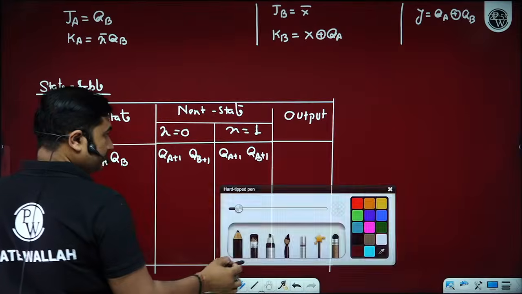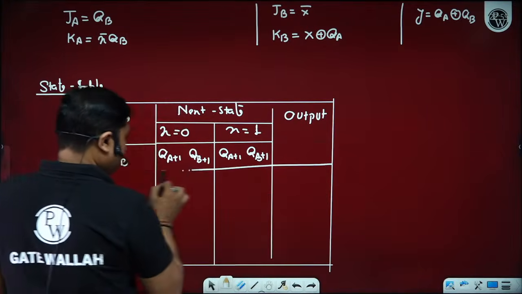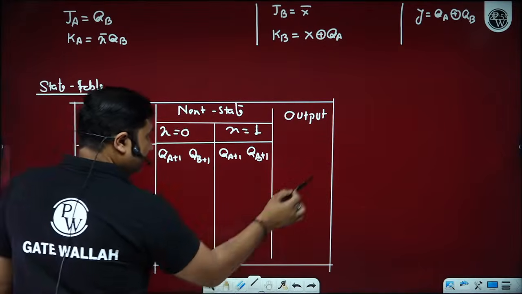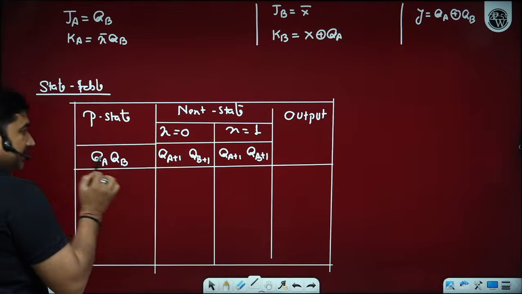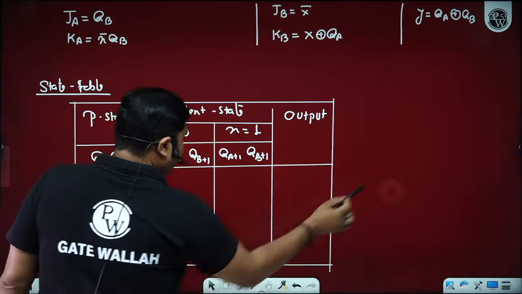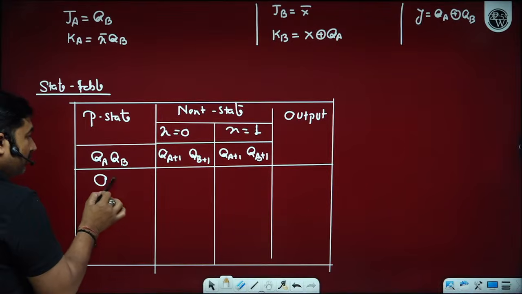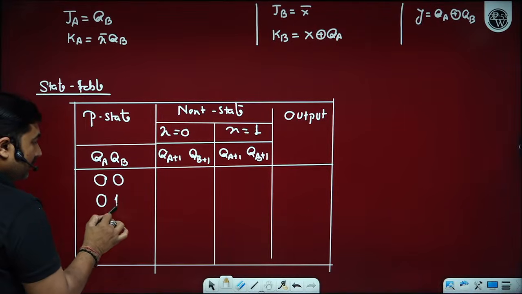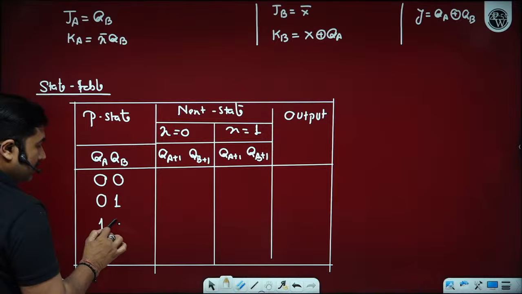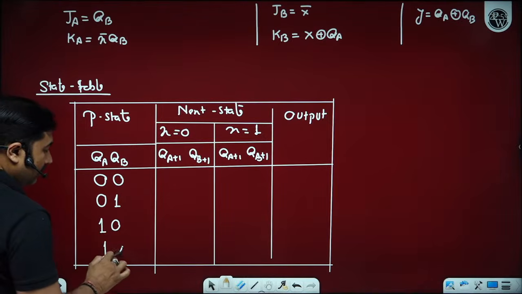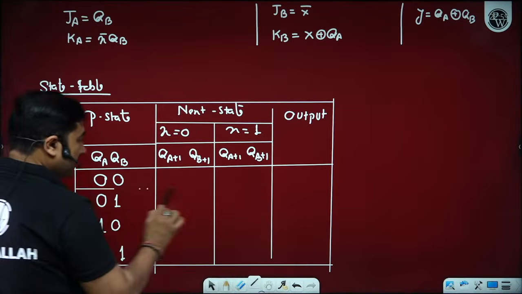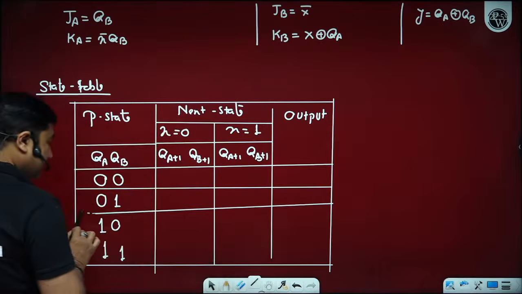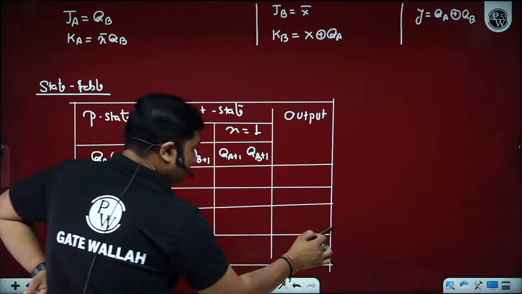And output. Yes, sir. Now please observe, beta ji, how many possibilities of different states with the two flip-flops? Four possibilities, either 00, 01, 10 or 11. Four possibilities, sir. Now I am interested to check the next state for each.